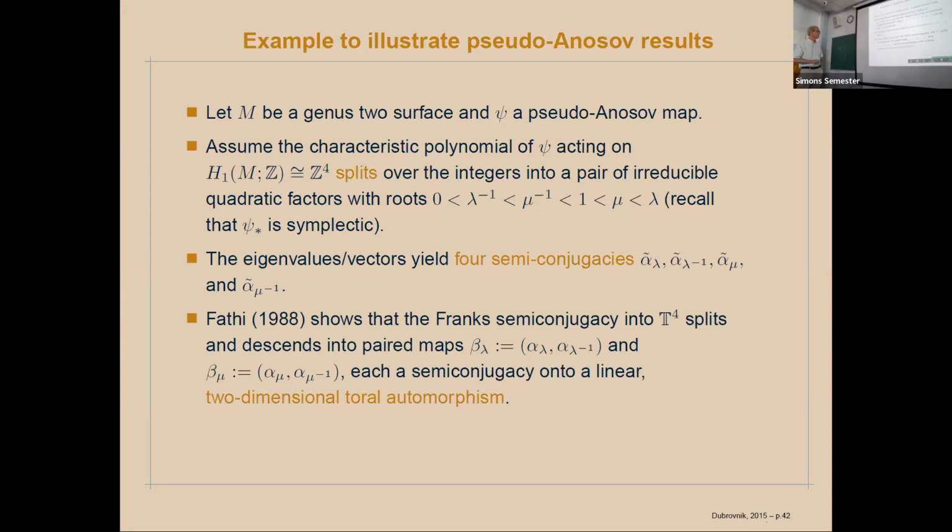You run through the algebraic topology and the semiconjugacy to T^4 actually splits into a pair of semiconjugacies, one corresponding to lambda, which is of course the expansion constant, and the other to this other eigenvalue. So you get a pair of toral automorphisms, one corresponding to these eigenvalues and one to these.